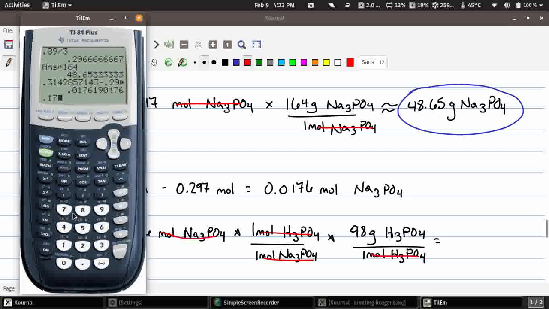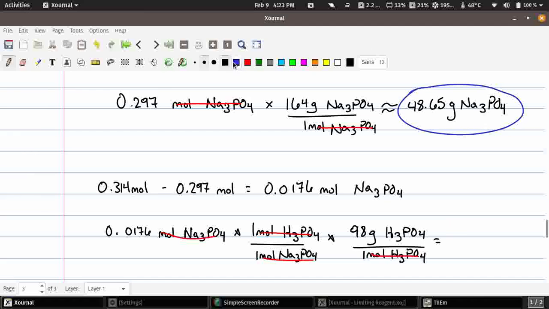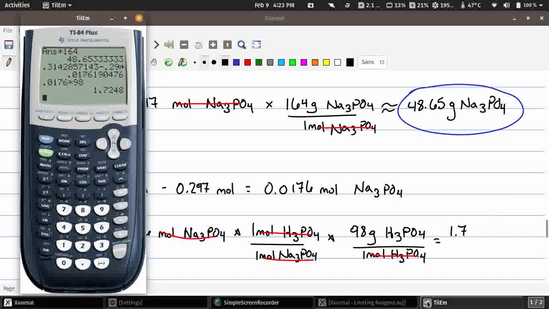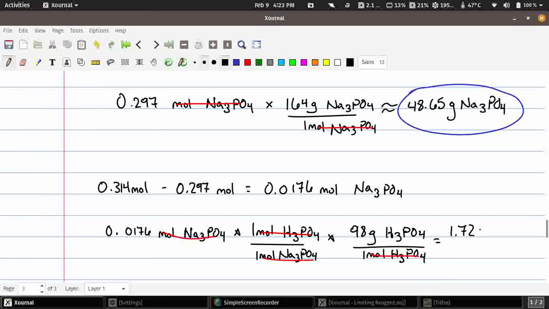Whoops, almost made a mistake. 0.0176 times 98 equals approximately 1.725. We'll just put it as 3 decimal places. 1.725 grams H3PO4. That would be our answer for number 3.